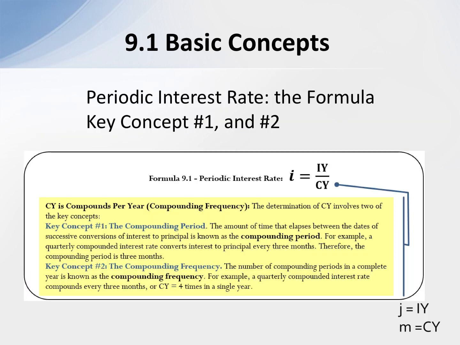Here we're looking at a concept called periodic interest rate. The periodic interest rate is actually calculated within your financial calculator, and it's found by dividing the interest per year, so that would be your interest rate, over the compound frequency. And the compound frequency, again, remember, can be annual, semi-annual, quarterly, monthly, weekly, daily, and so on.